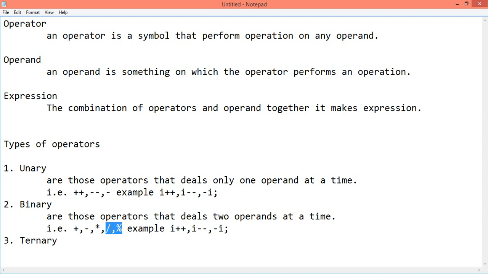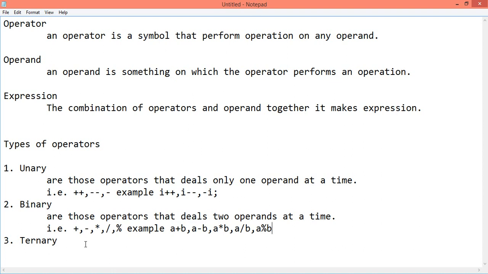This modulus and this division are related: one is used for the quotient and the other for the remainder, because division has 2 answers, the quotient and the remainder. If you need the remainder, use modulus, and if you need the quotient, use the division sign. Simple. These are my binary operators, and examples are a plus b, a minus b, a multiplied by b, a divided by b, and a modulus b. I hope it is clear to everyone.